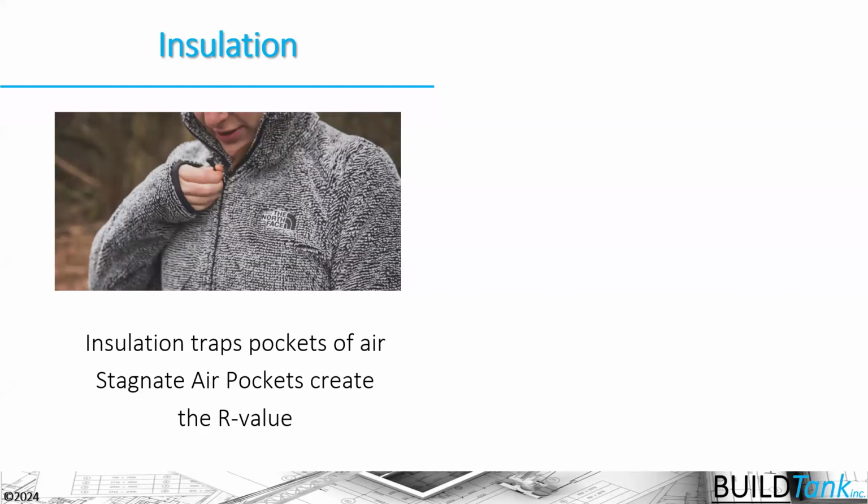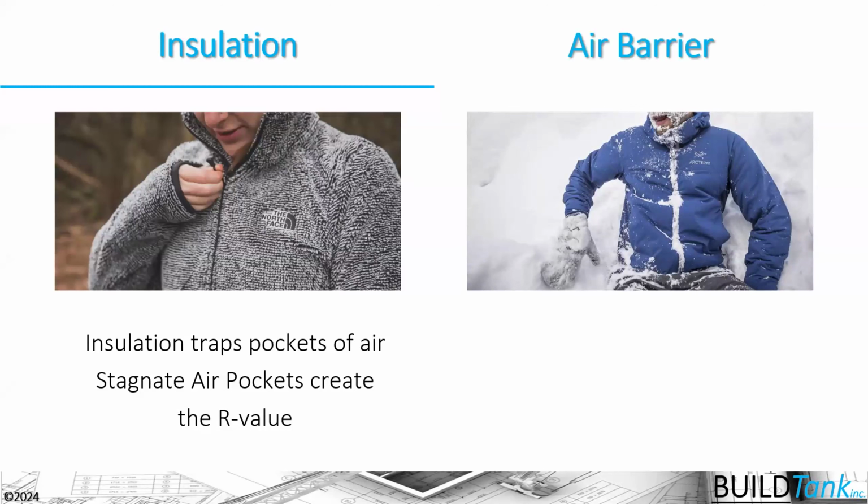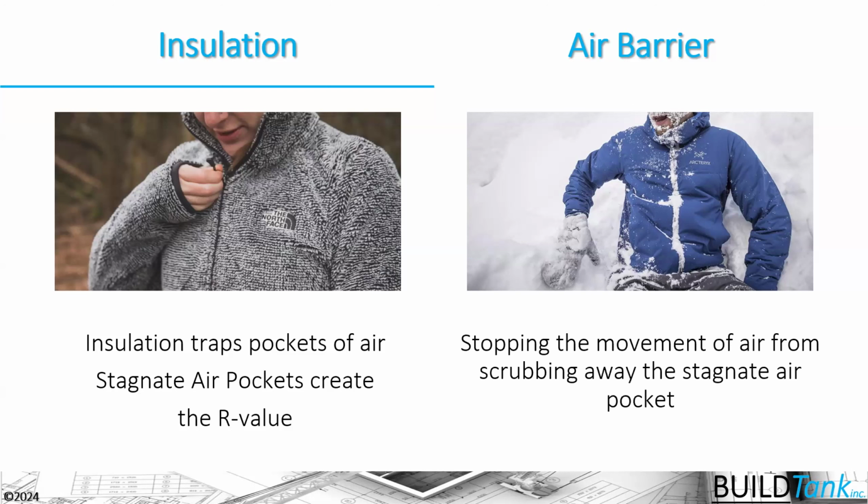So what do we do? We put a nylon shell over our thermal barrier. So we have an air barrier or an air control layer over a thermal control layer in order to get a system that works, in order to stop the movement of air from taking energy out of our insulation, and in order to get that stagnant pocket of air in our assembly.